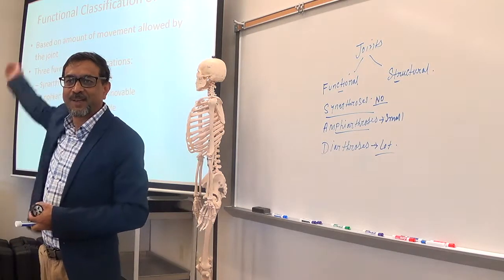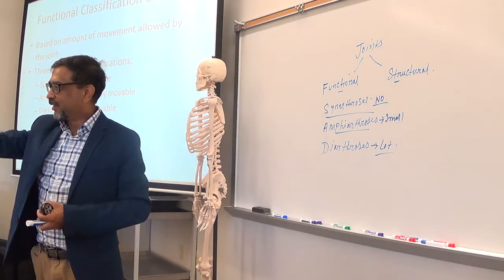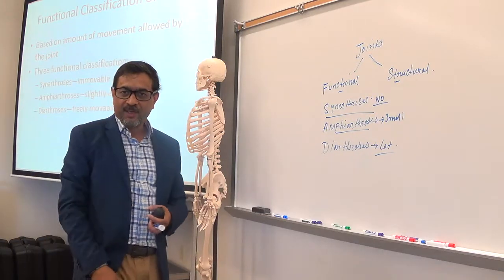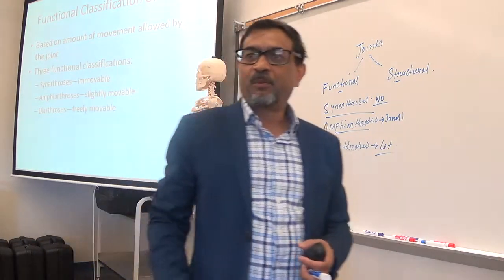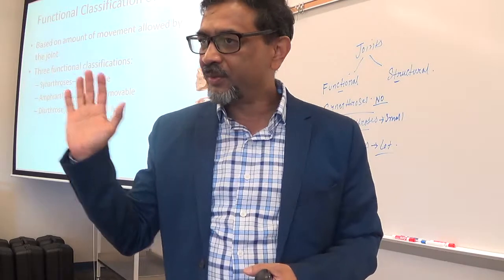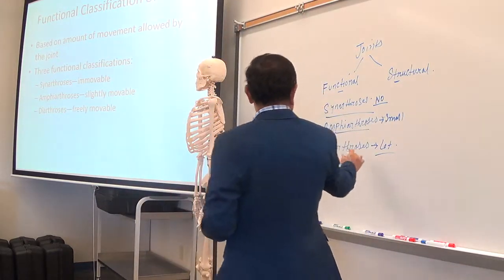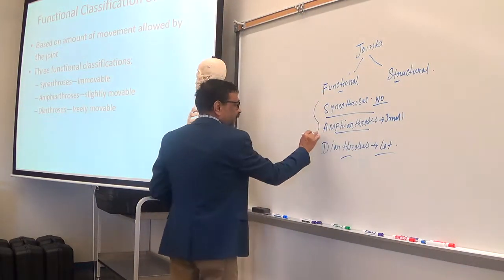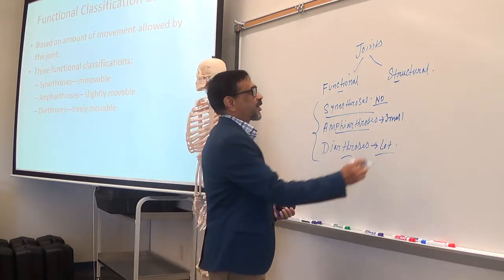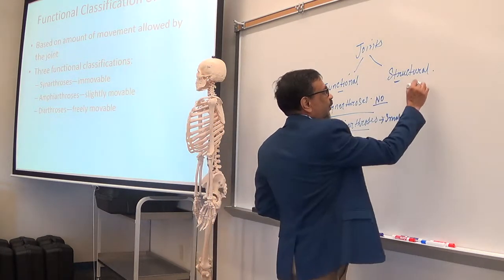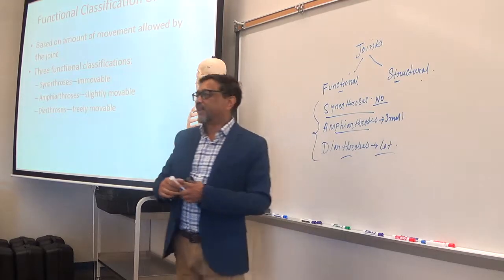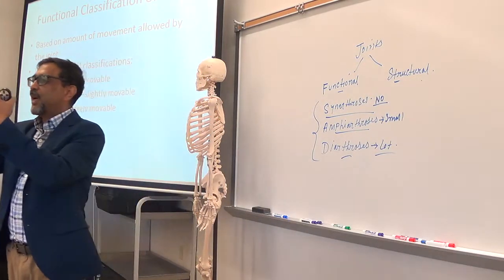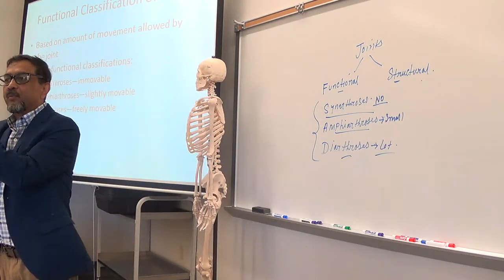Shoulder joint, right? I can move a lot. Elbow joint, knee joint, hip joint, a lot of movement is possible. So that's the functional classification. Structural classification is based on the structure holding the bones together.